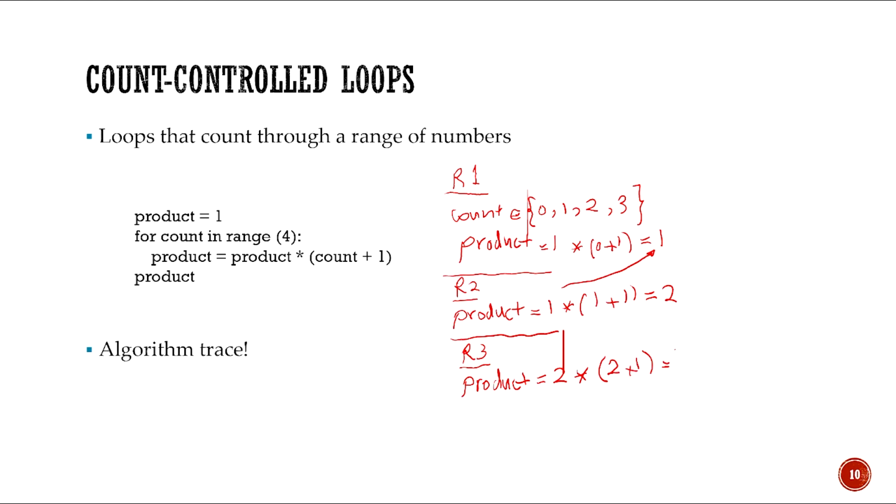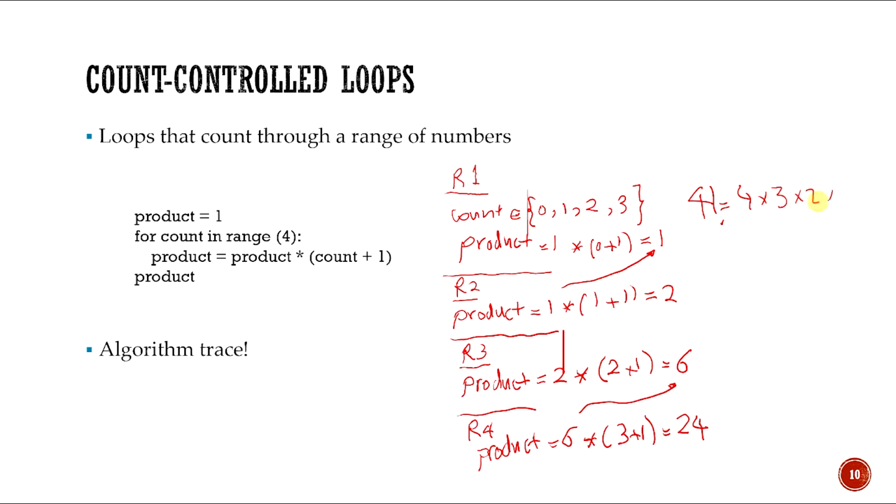So it's 3 times 2 equal to 6. This is the end of the third round. And the last iteration, product is equal to 6 times 3 plus 1 equal to 24. So this piece of code technically calculates 4 factorial, which is equal to 4 times 3 times 2 times 1, 24.